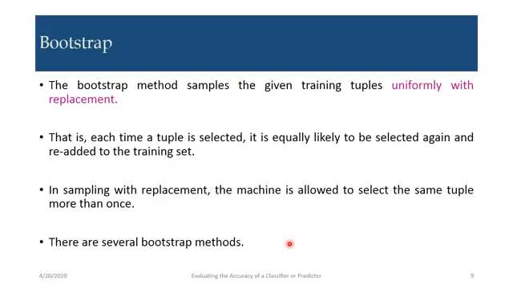The next method to evaluate classifier accuracy and predictor error rate is bootstrap. The bootstrap method samples the given training tuples uniformly with replacement. This term also comes from sampling. Each time a tuple is selected, it is equally likely to be selected again and re-added to the training set.